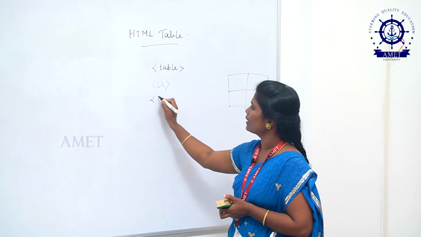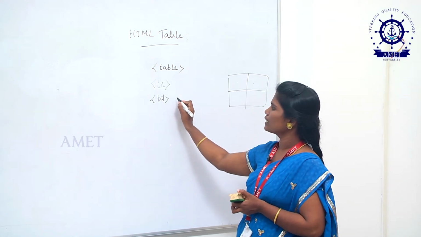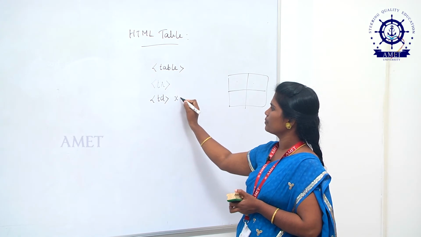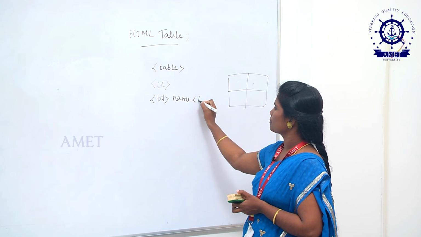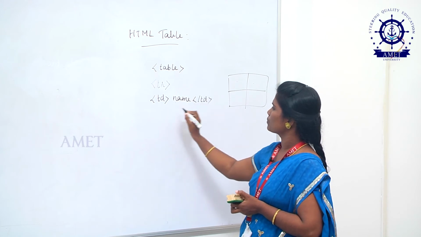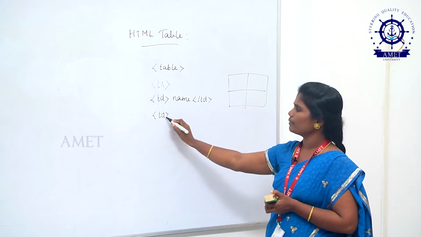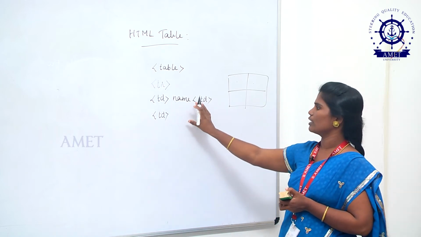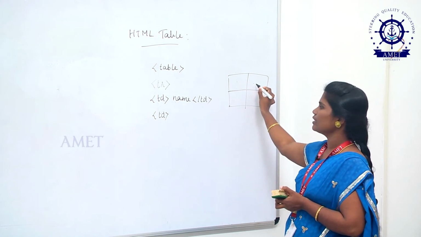So use a td tag. Inside the td you can display some text, name. I am going to use one more td tag for displaying the text inside the second cell.